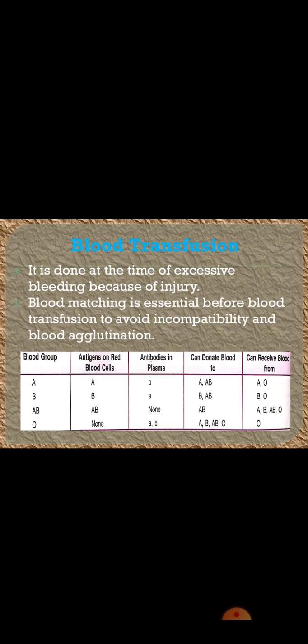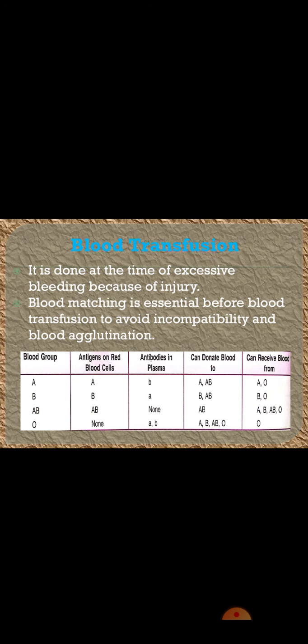If we talk about blood group A, antigen A is present on the red blood cell and the antibodies present in plasma are antibody B. It can donate blood to blood group A and AB, while it receives blood from A or blood group O. In this sequence, AB is known as the universal receiver, while blood group O is known as the universal donor, as it donates to all the blood groups. A person with blood group AB can receive blood from A, B, AB or O because they have no antibody in their plasma, and therefore persons of AB blood group are called universal recipients.